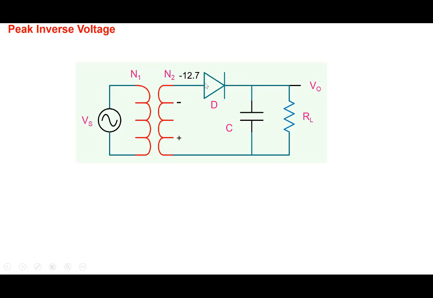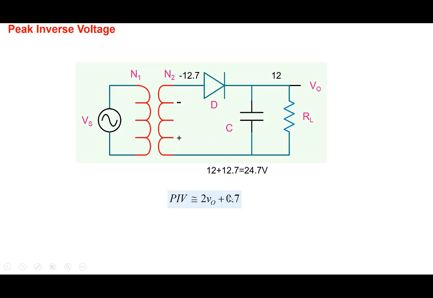The diode is reverse biased, but the output voltage is close to 12, right? The output voltage has a certain small amount of ripple, but close to 12. So the net reverse bias on the diode will be equal to 12 plus 12.7, so 24.7. So the peak inverse voltage here will be equal to twice V0 plus about 0.7, that's 2 V0 plus the diode drop.